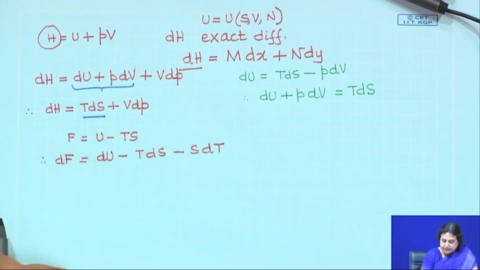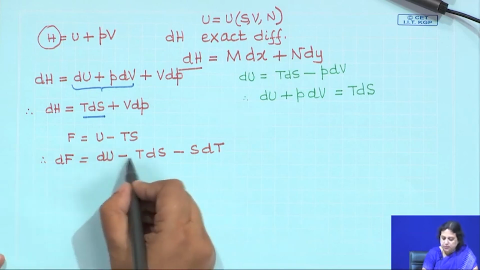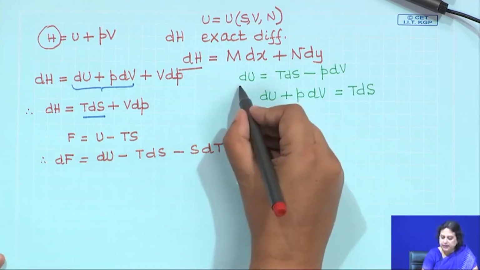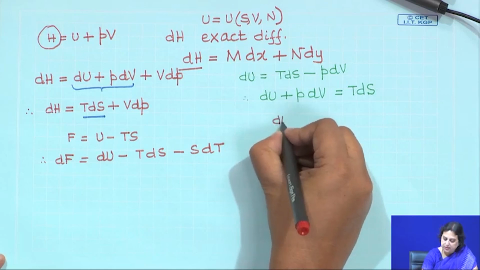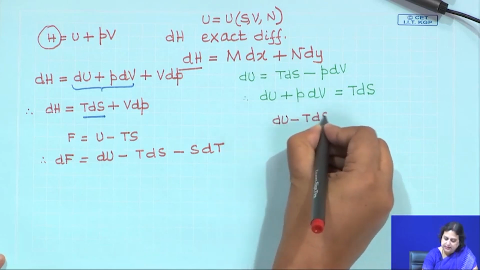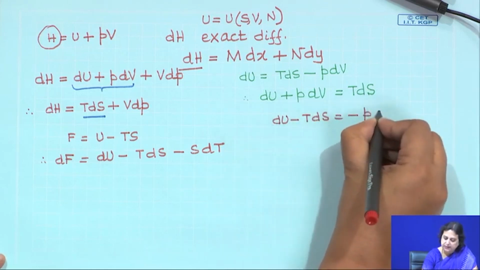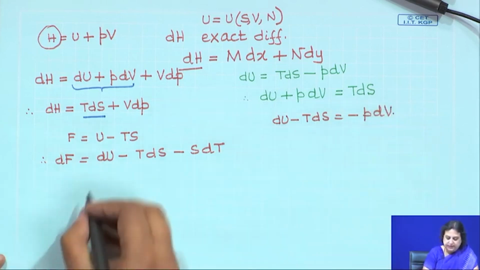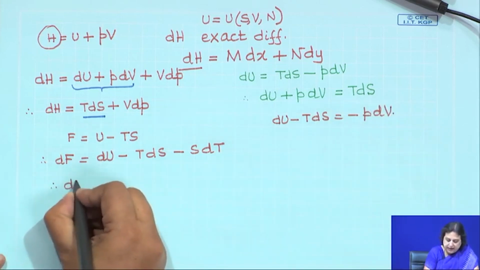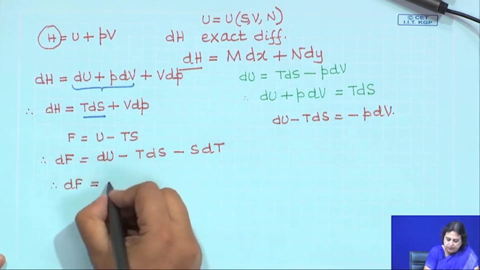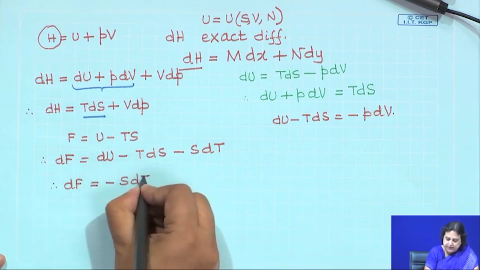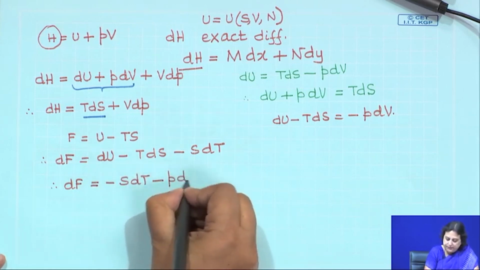And what is it that we know about dU minus TdS? From here I can say that this is equal to minus P dV. As a result, I can now simplify and say that dF is equal to minus S dT minus P dV.